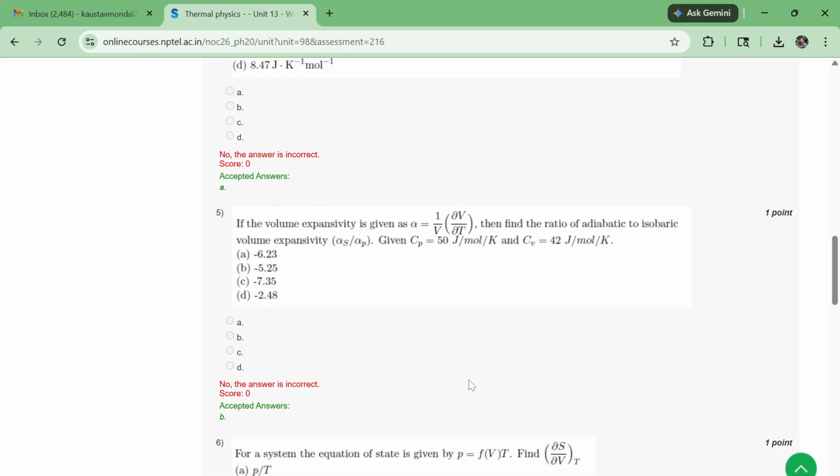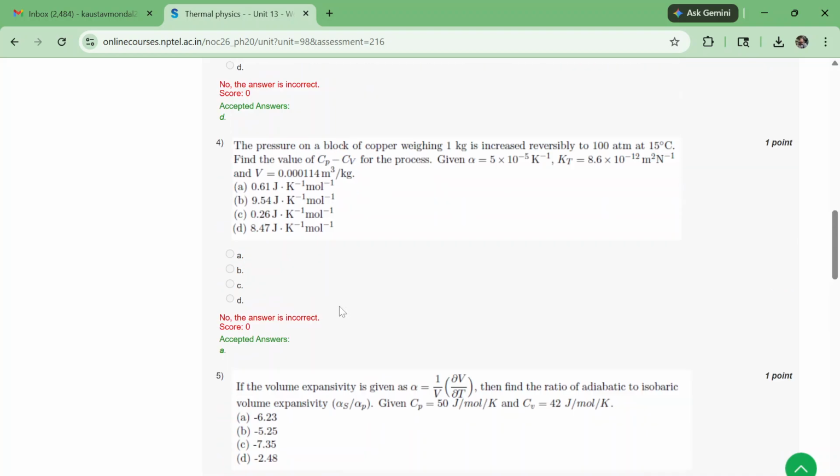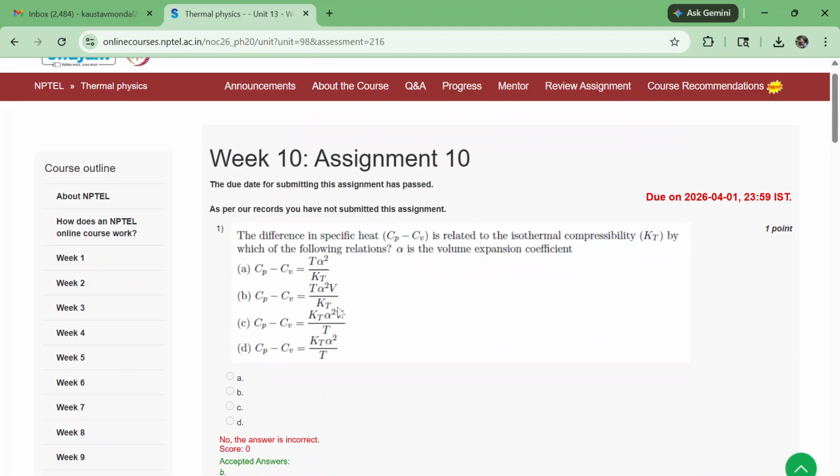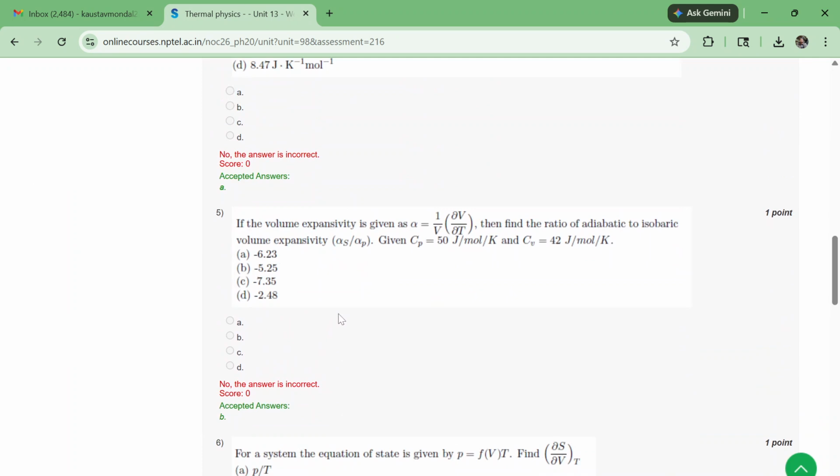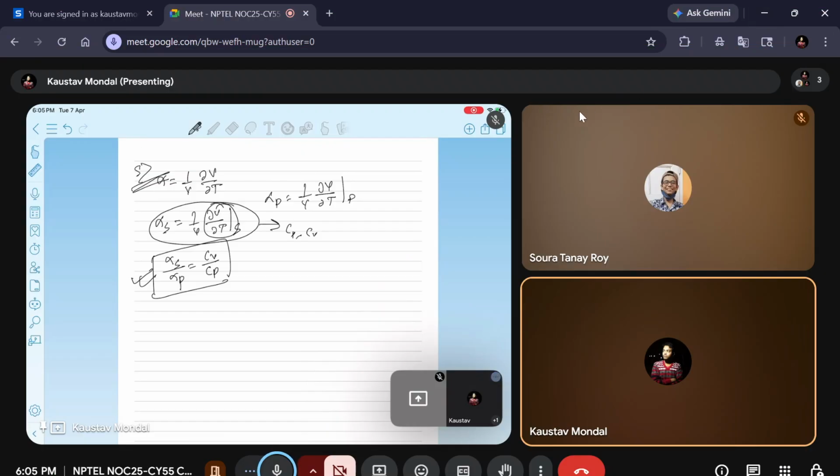First of all, I have to check whether some other relation may be there. I will look into this problem, week 10 assignment question 5. Okay, anyway.